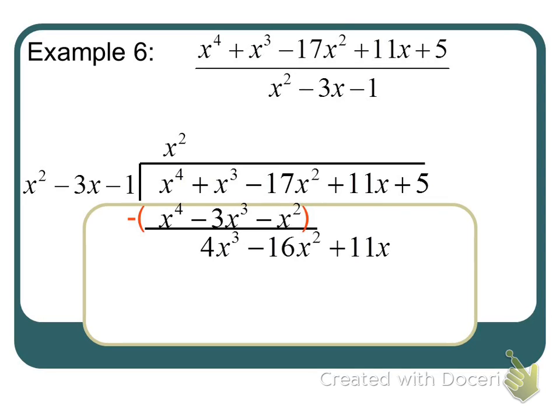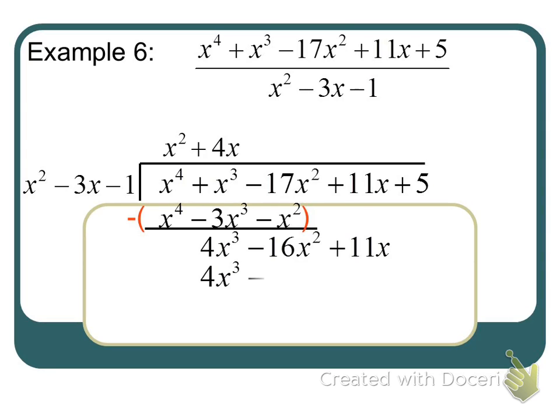I prefer actually changing those signs instead of writing this becomes negative, this becomes positive, and this becomes positive, so you don't miss that. All right, x squared divides into 4x cubed, 4x times.